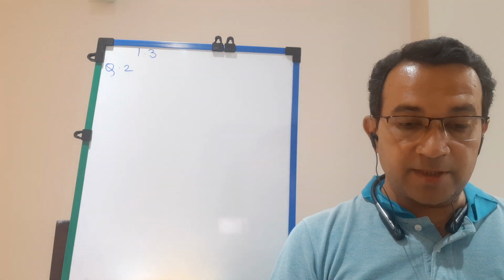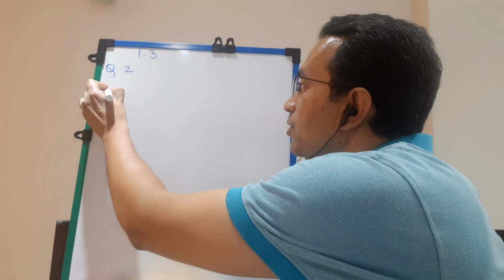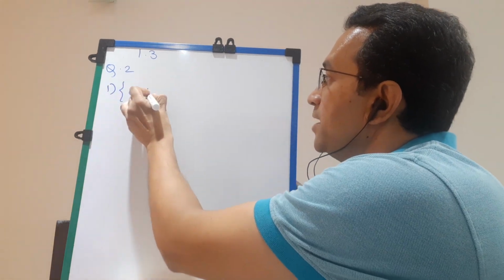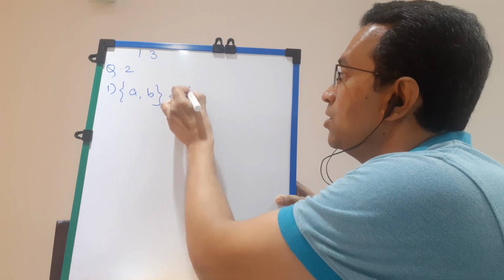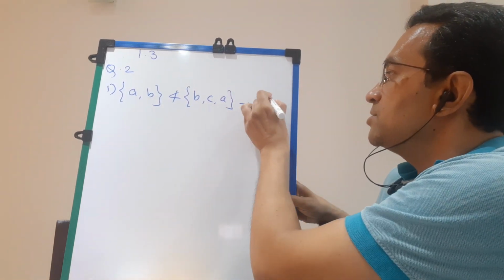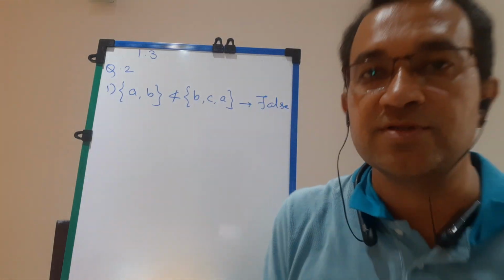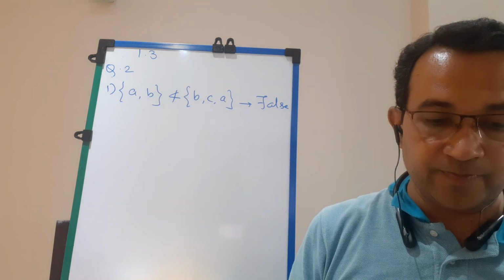Now the first statement is set AB not a subset of set BCA. Okay, students, set of elements AB not a subset of set of elements BCA. This statement is false because set AB is a subset of set BCA. Very simple.